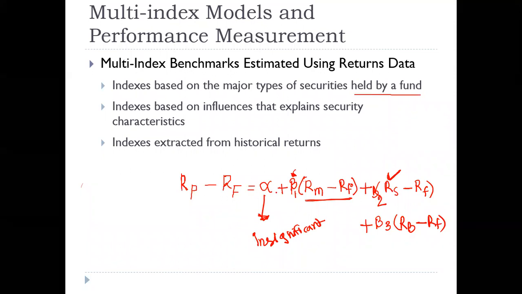Now, what will be the answer to the question of why the initial alpha was higher? Is it for the reason that managers really outperformed, or the benchmarks that we fixed or took are inappropriate to capture the return of the portfolio?